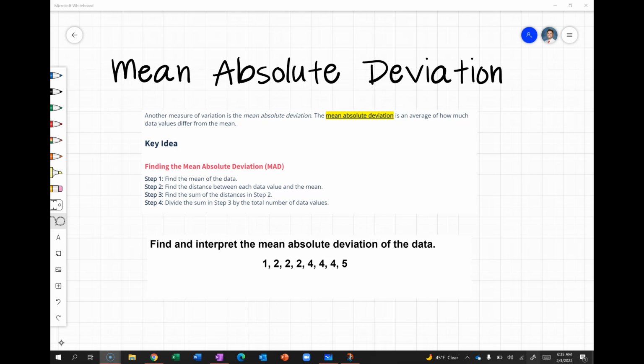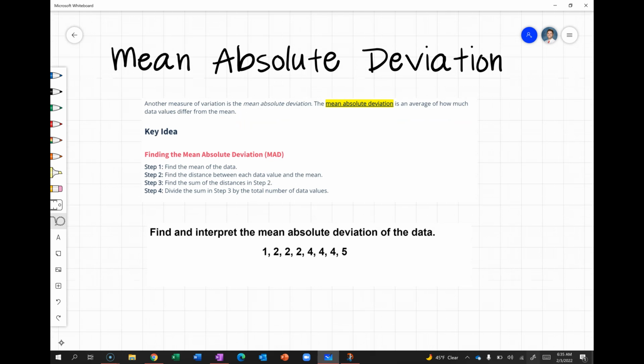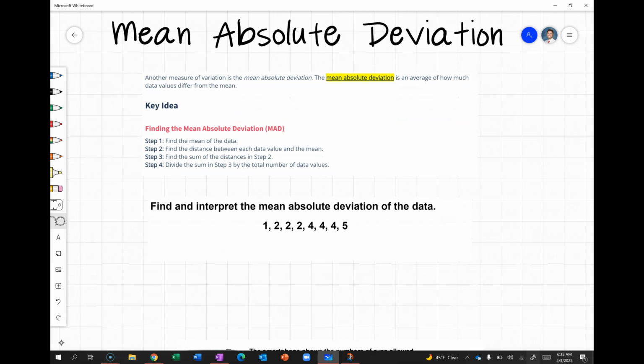So let's look at this example here. We have these 8 data points: 1, 2, 2, 2, 4, 4, 4, and 5. So we can start by finding the mean. Remember, that's just finding the sum of all of these data values and then dividing by how many values we have, which is 8.